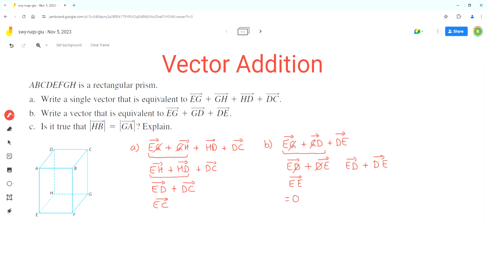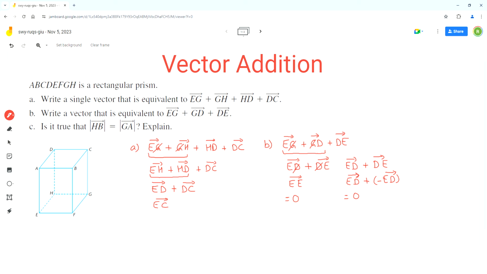So we can rewrite this statement as: vector DE is equivalent to minus vector ED. So when we add these two vectors, ED plus minus ED, we get 0. So this is another way of analyzing this vector addition.